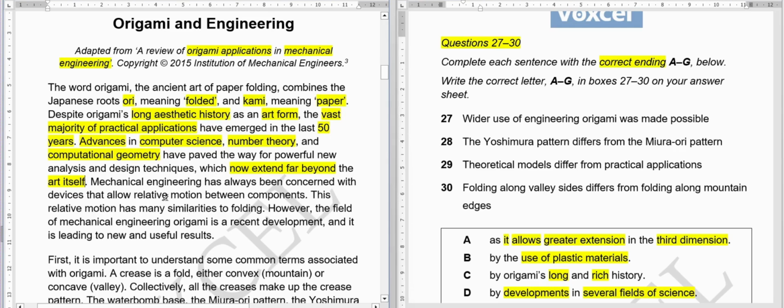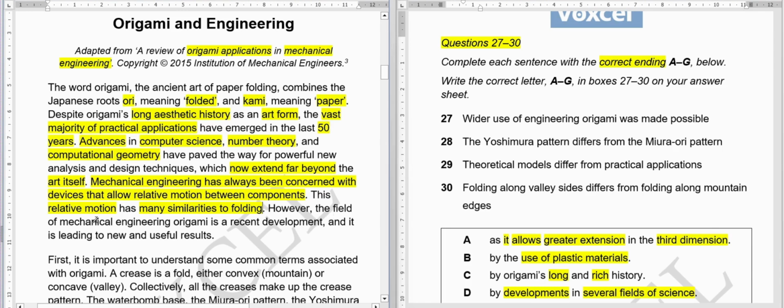Mechanical engineering has always been concerned with devices that allow relative motion between components. So, what is mechanical engineering? It is written here. This relative motion has many similarities to folding. However, the field of mechanical engineering origami is a recent development, and it is leading to new and useful results.